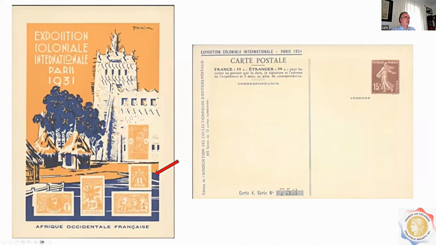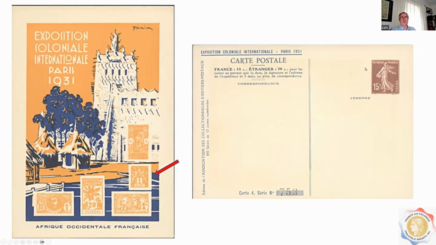And then for the last one, so the Western French Africa, we didn't really have its group type, but countries that were regrouped under the Western French Africa at some time, like the French Sudan here, had their group type stamp. So they could have used Senegal or Sudan, or they used the Sudan for this one for the group type. They use the palmier from Senegal. You have Côte d'Ivoire, Guinea, and this one is AOF. So pretty interesting. And this is the back of the card.